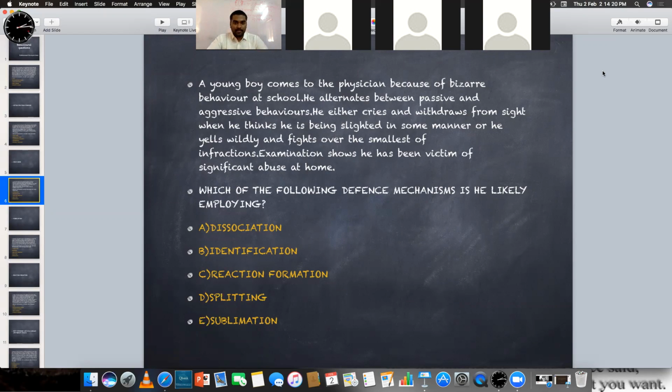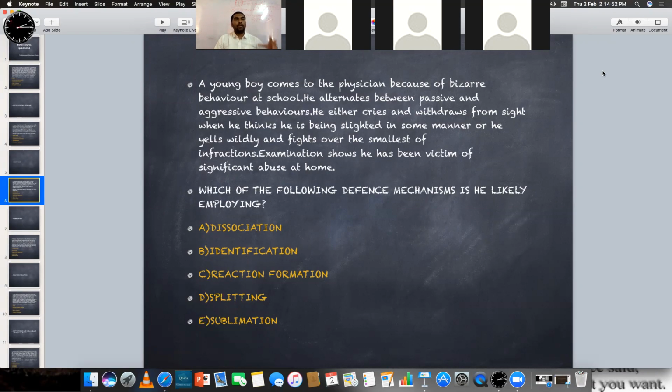The third thing is, in splitting, you are a person and you project your feelings towards others. Your perception towards others can be either good or bad. Here, the boy is bullied by his friends or whoever is present in the class. So for the same people, he's acting differently at times. He alternates between passive and aggressive behaviors.